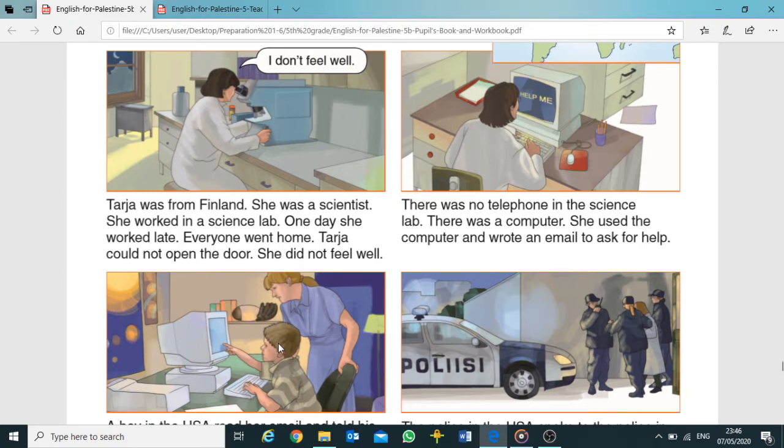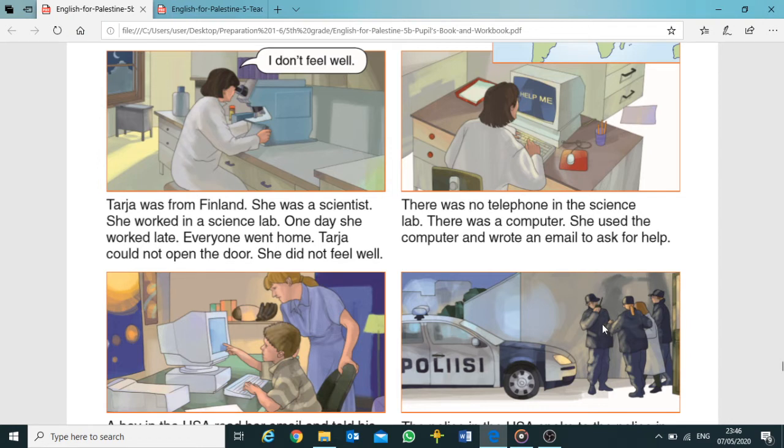In photo number 3, we can see a boy. Very good. And maybe she's his mom or sister, we don't know, but they are working on the computer here. They are reading something. بقرأ بإشي على السكرين ما بنعرف شو هو. The last photo, we have a police car and police officers with the scientist, مع العالمة.